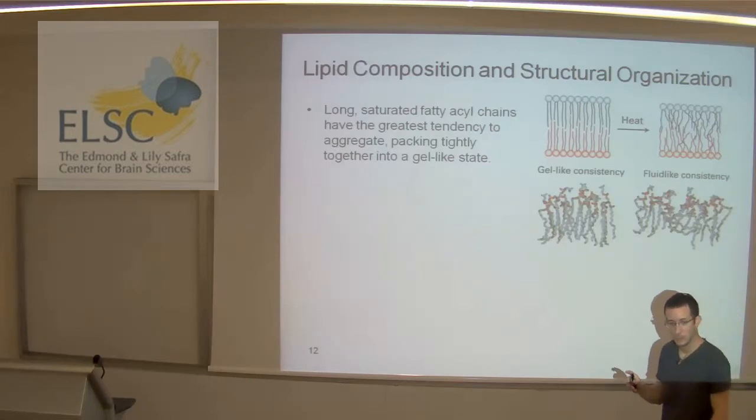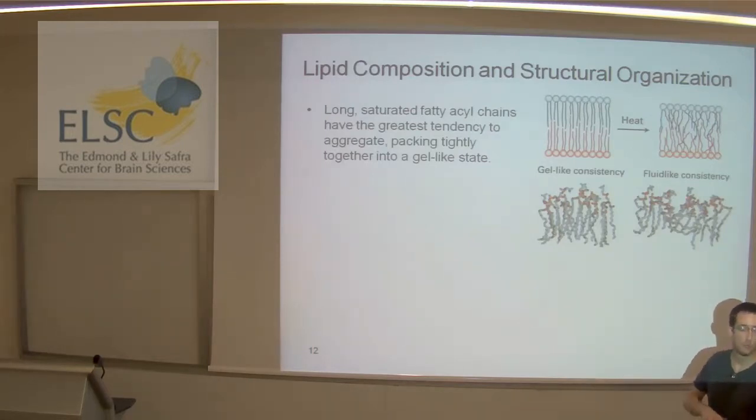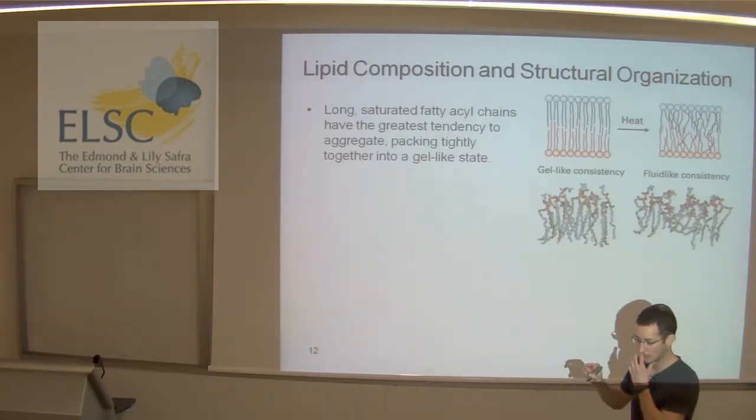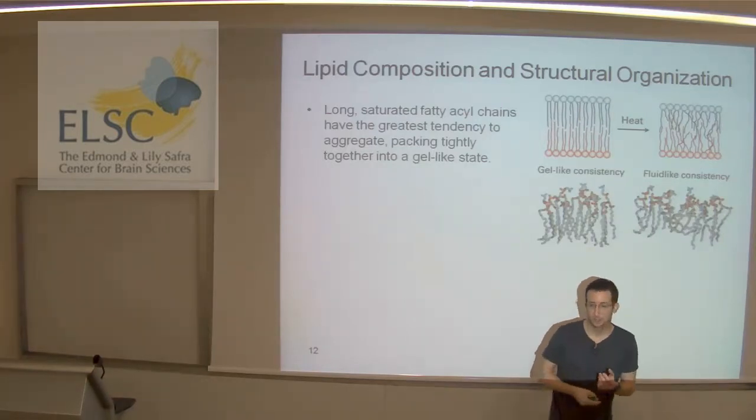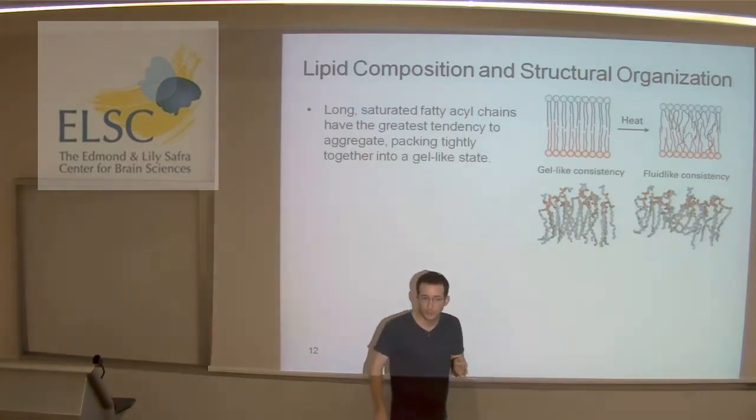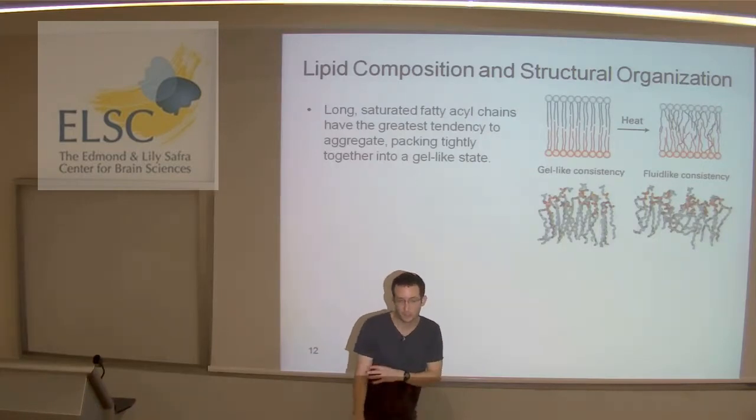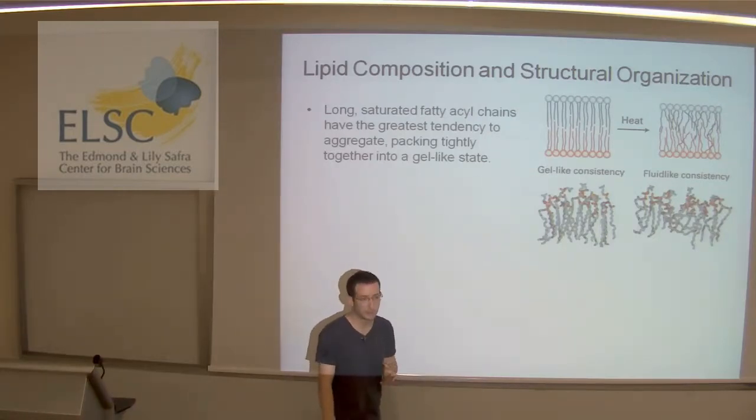Why does the fluidity matter? That's a good question, and fluidity in the membrane is essential for several processes that happen along the membrane. It's not an artifact, it's not an accidental feature in the membrane.